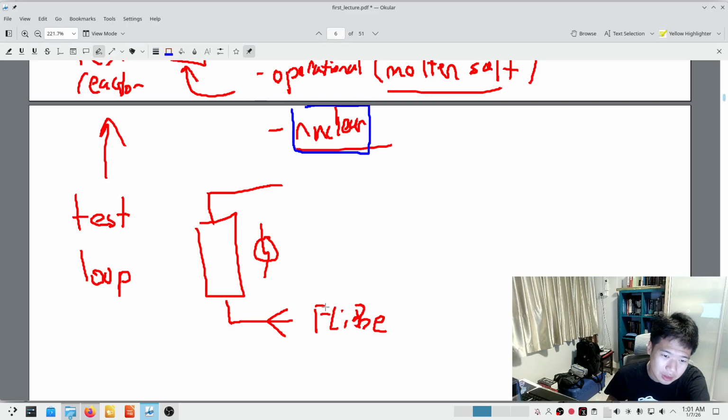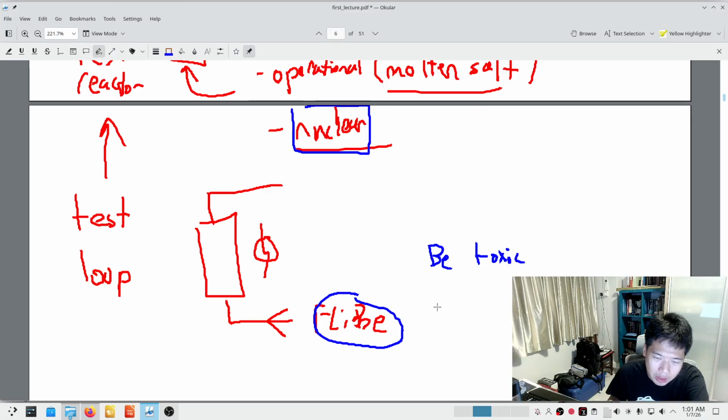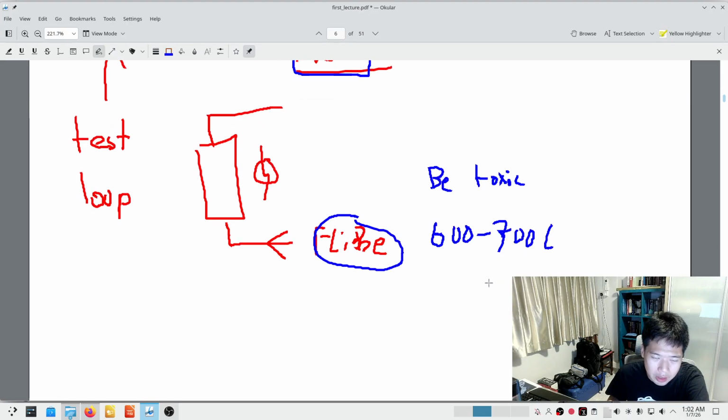Now, even so, flibe has a beryllium toxicity, and it operates at around 600 to 700 degrees C. Not an ideal place to start. If you want to build this, you have to build a lab with a lot of safety features.